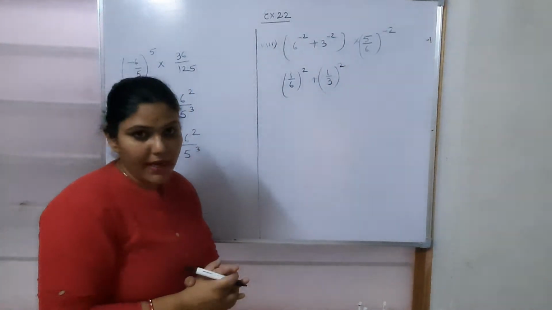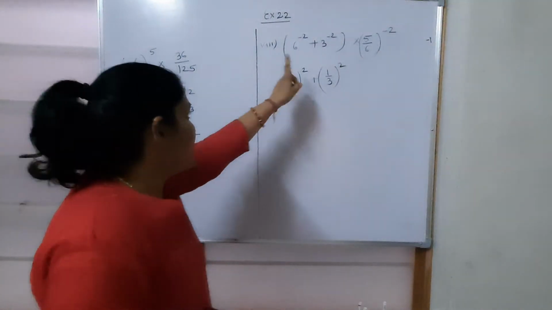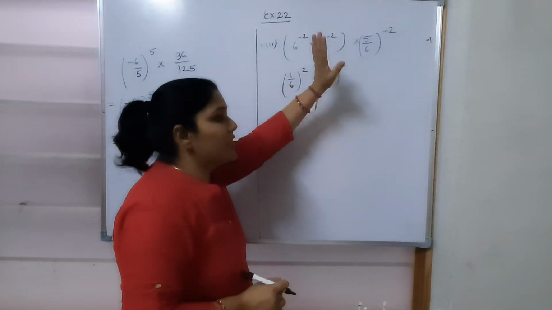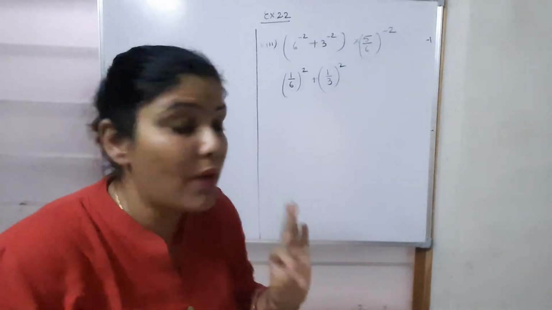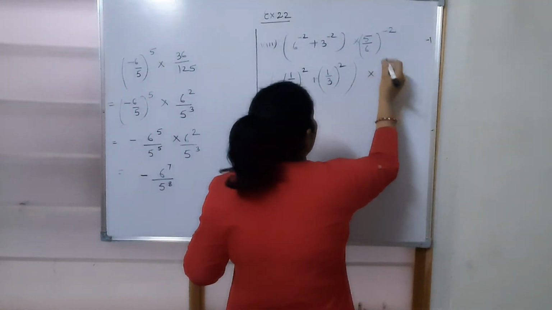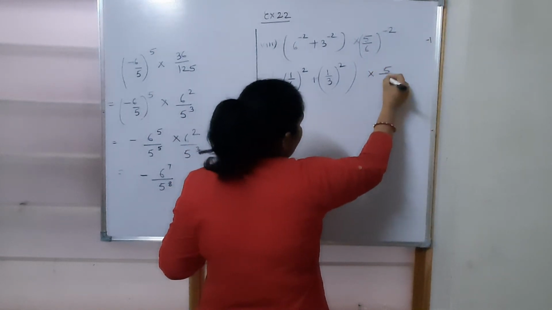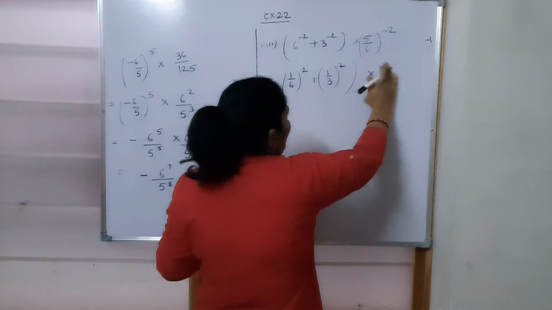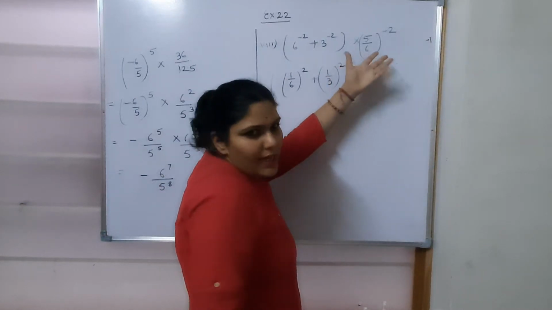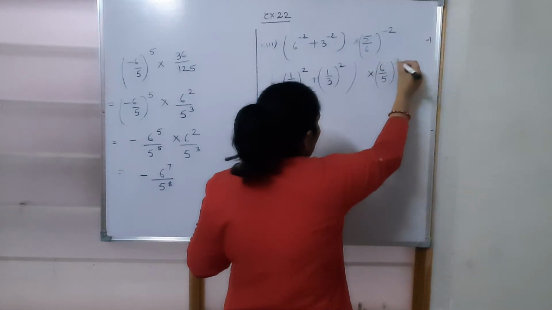Plus sign is there, and the reciprocal of 3 will be 1 upon 3, power will be positive. And then we have 5 upon 6 whole raised to the power 1 minus 3. So just look. To make it positive, we can just take the reciprocal of the base if you wish. Okay. So it is 6 upon 5, power 2.